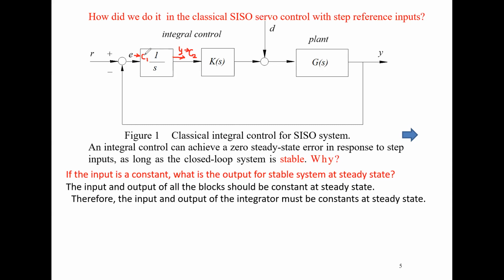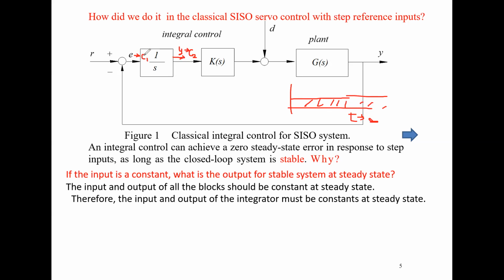Okay. Now, imagine if this is a non-zero constant, right? And then you do integration. A non-zero constant, you do an integration. And when t goes to infinity, you do an integration. How about the output? Cannot be a constant, right? You continue to add something.